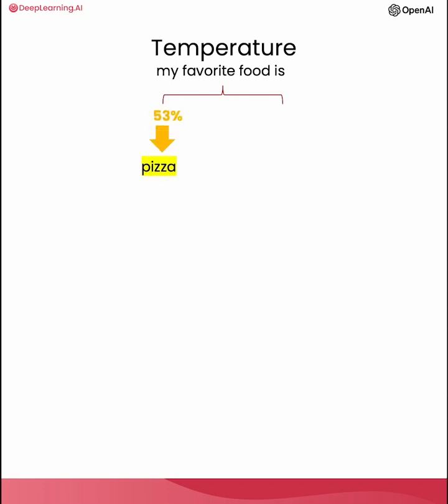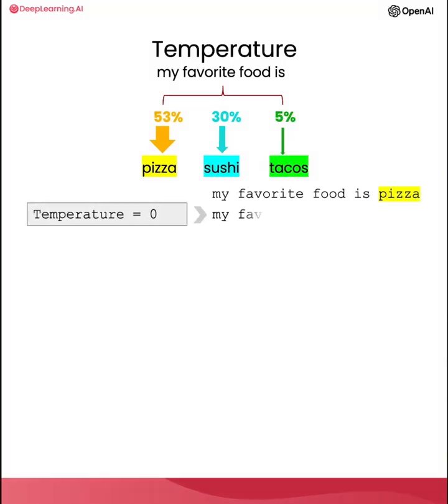Next, we're going to use a parameter of the language model called temperature that will allow us to change the variety of the model's responses. So you can think of temperature as the degree of exploration or randomness of the model. And so for this particular phrase, my favorite food is, the most likely next word that the model predicts is pizza, and the next most likely it suggests are sushi and tacos. And so at a temperature of 0, the model will always choose the most likely next word, which in this case is pizza.